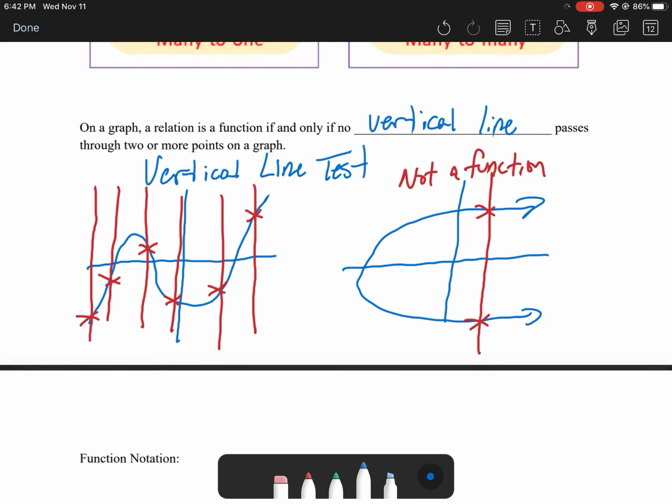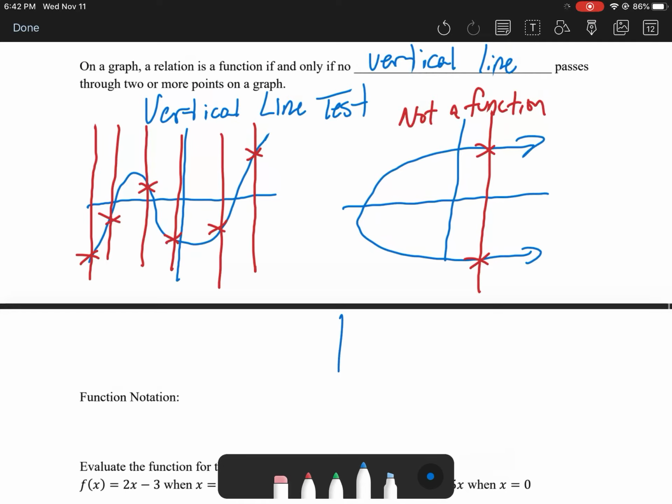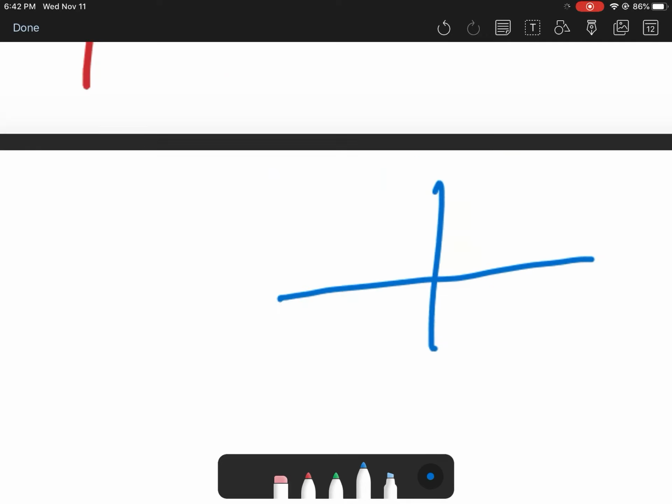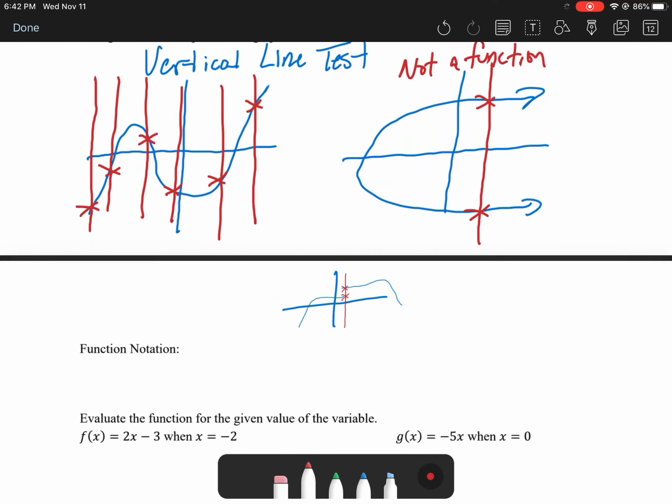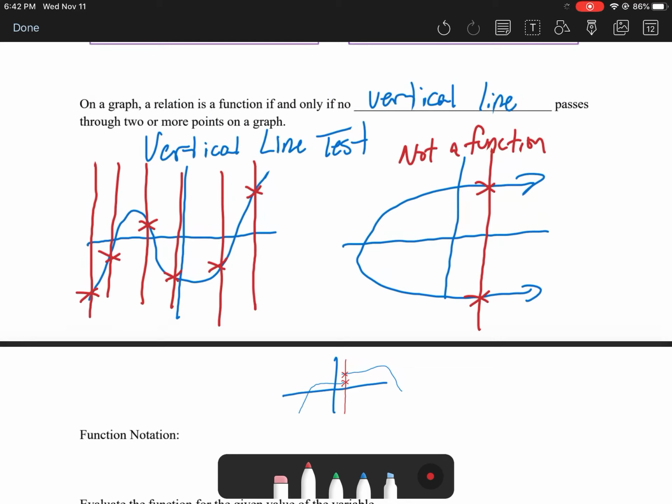So let's say we had a function that looked like this. It was like that, and then it was like that. When I draw a vertical line right here, it crosses here and here, so it is not a function. Vertical line test. It's pretty cool.